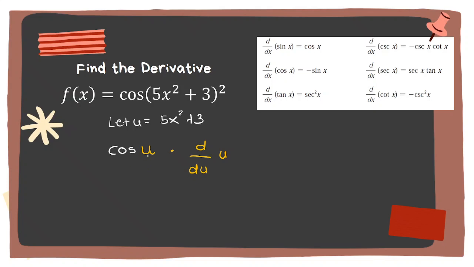Kuha. Now, if we get the derivative ng du, saan equal ang du? Anong derivative na itong function na to? 10x. Tama. 10x lang. Oh. Anong derivative ko ng cosine u?